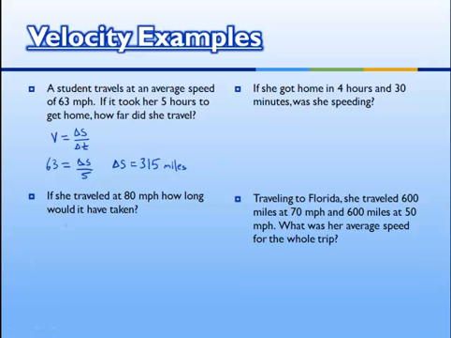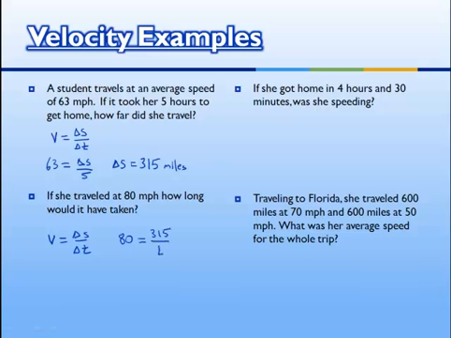If this student had traveled at 80 miles per hour instead of 63, how long would it have taken? Again, we can use the formula V equals delta S over delta T. And this time we're looking for delta T. Our speed is 80 miles per hour, and the distance is 315 miles.